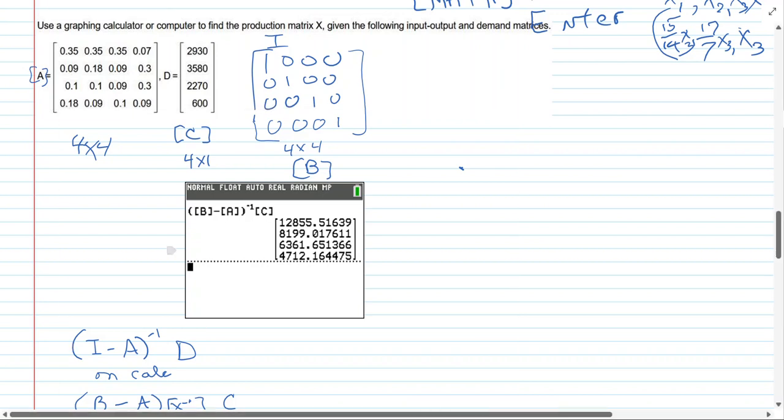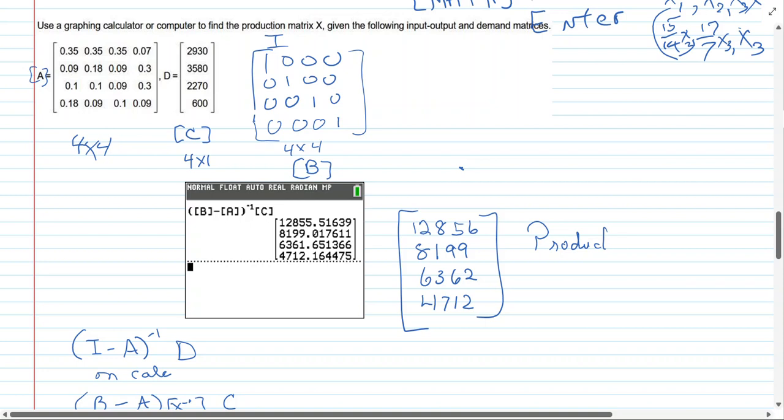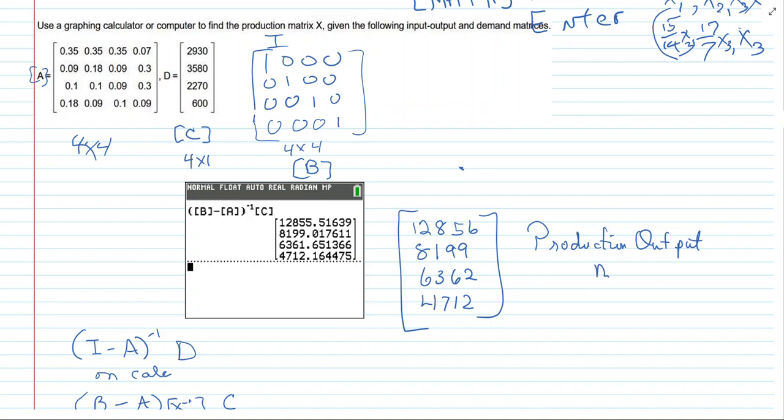So on this material business, we're going to need 12,856 of that, 8,199 of that, 6362 of that, and 4712, which is what you would enter in the calculator as our production output. Because we're looking at material. All right, there you have it.